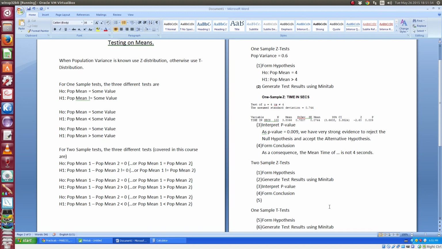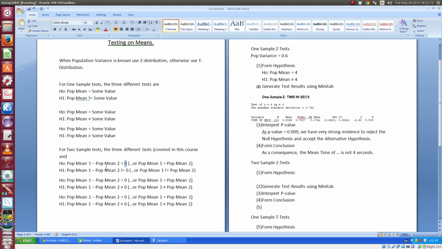Again, the first thing we do is form our hypothesis. Remember, these are the 3 different forms it can take. When you go into Minitab, it always puts it in the form of the difference, and we're always comparing against some value, which is always 0.